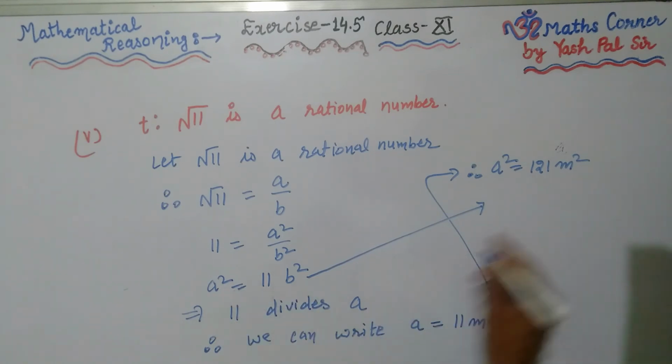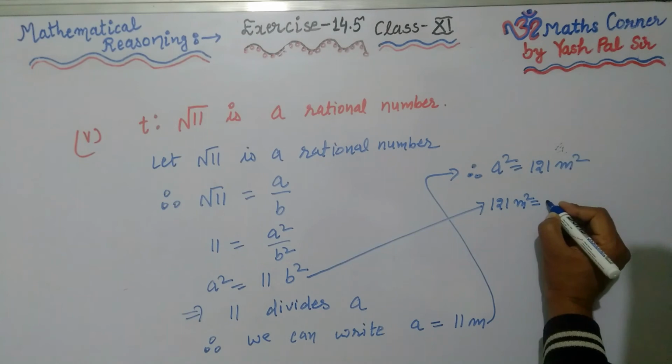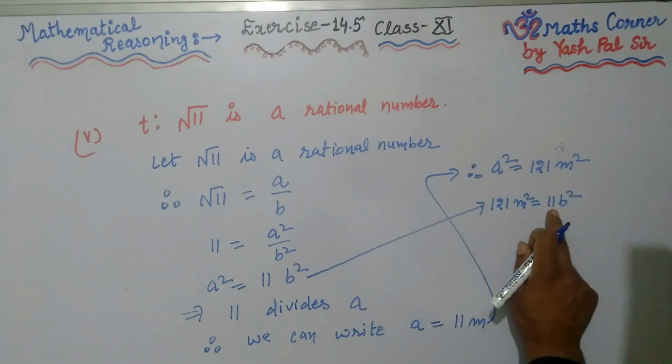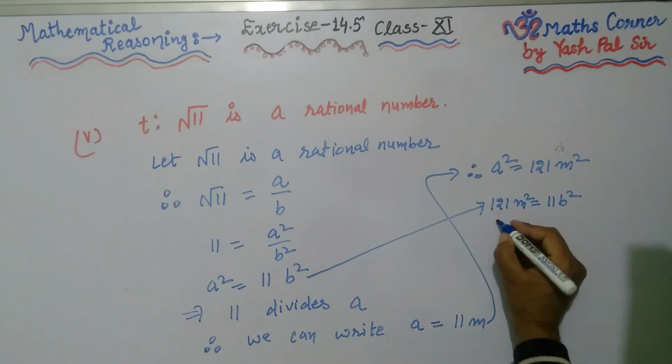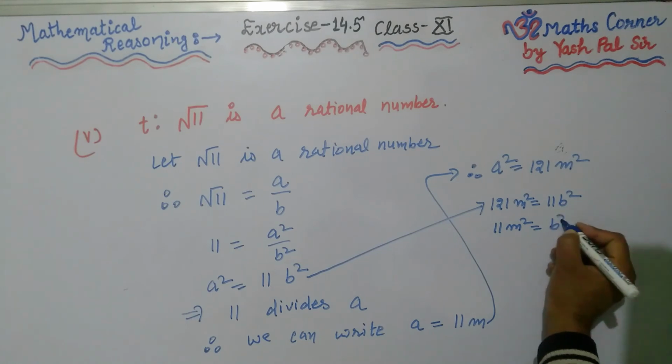Now this value is substituted here: 121 m square is equal to 11 into b square. Again we divide both sides by 11, then this becomes 11 into m square is equal to b square.